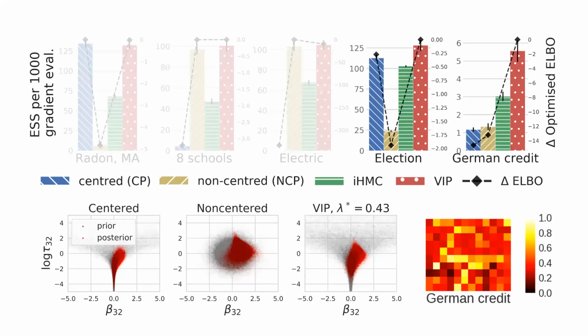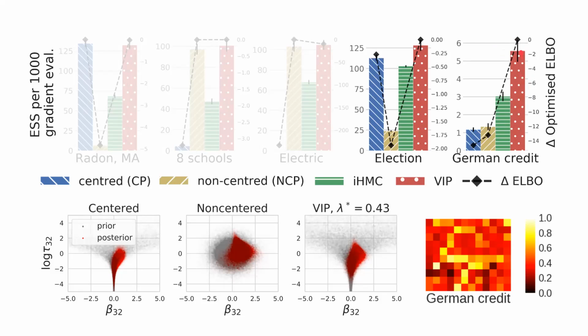But the more interesting thing is that for some models, and in particular the German credit that I spoke about a minute ago, neither the centered nor the non-centered parameterizations gave very good results, while the parameterization found with VIP was much better, 6 times better almost, like maybe 5 times.